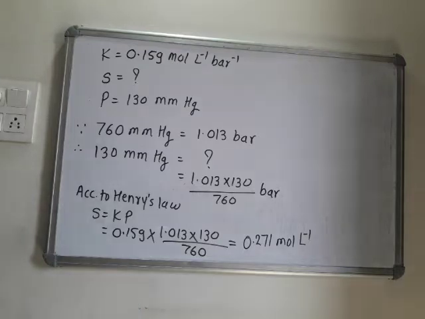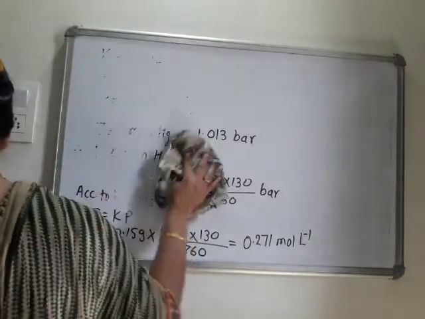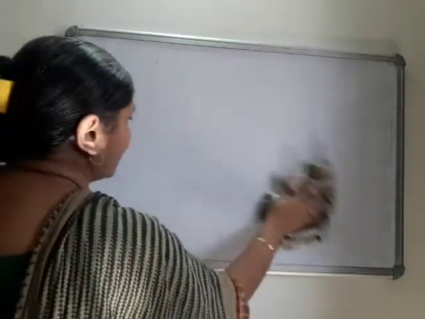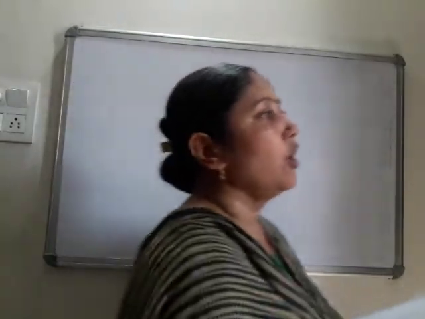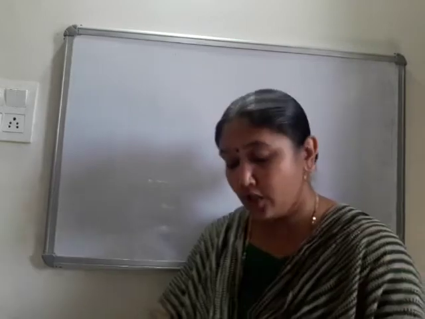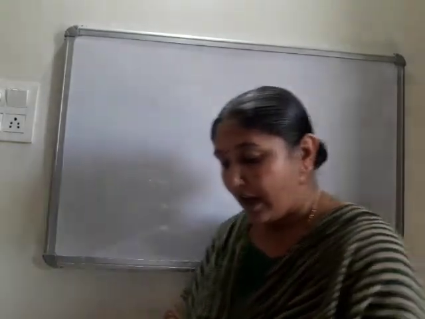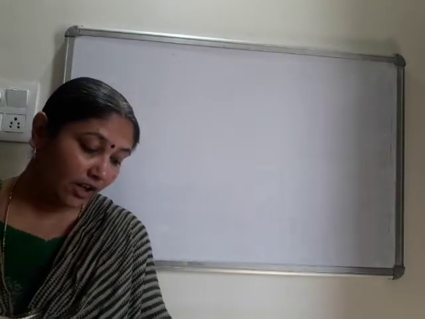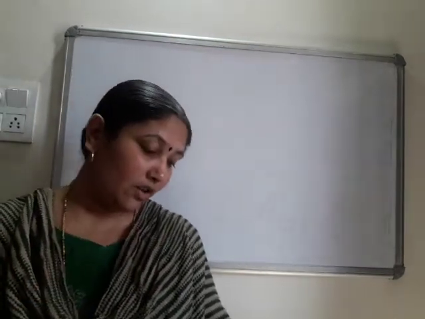One more question. Take down. Fish generally needs O2 concentration in water at least 3.8 milligram per liter for survival.